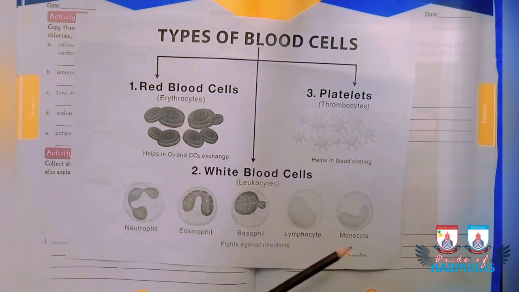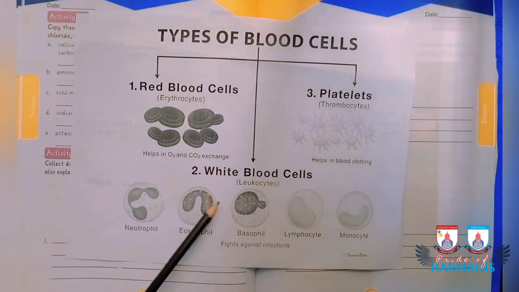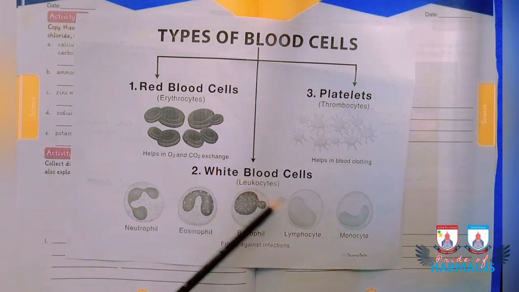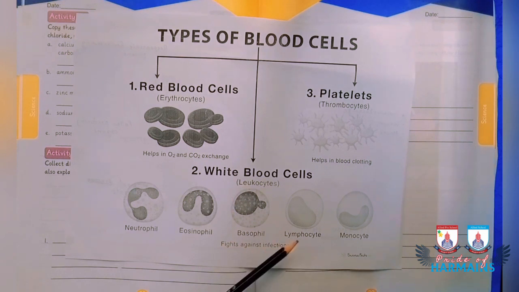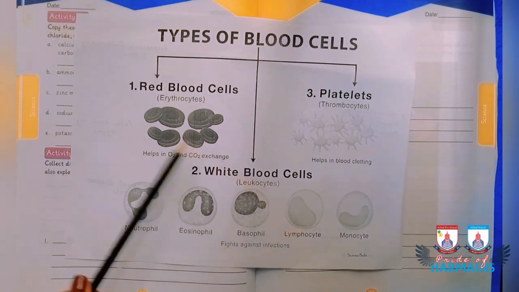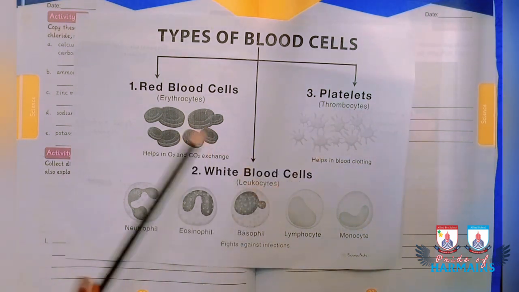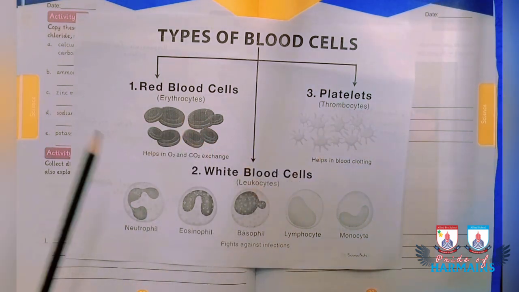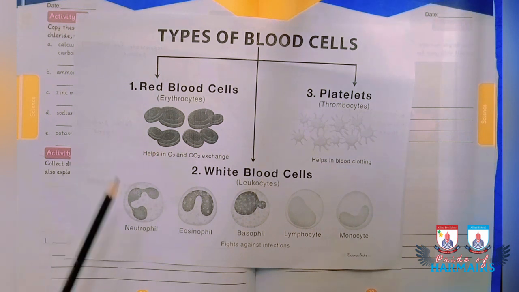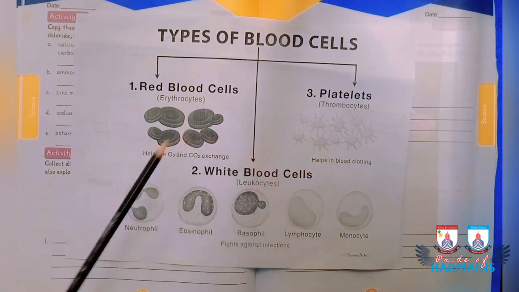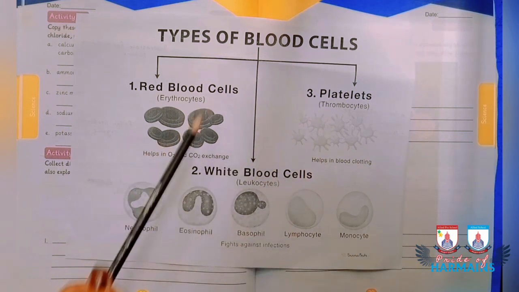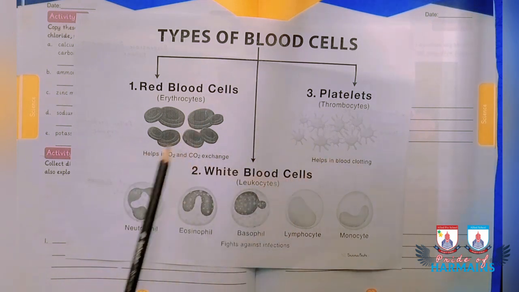There are many types of white blood cells, but the basic function of white blood cells is to fight against infection. So you are supposed to paste these pictures, or you can take them on your own. You are going to paste these pictures in the given blank, in the given space, and you are supposed to write these functions over there.